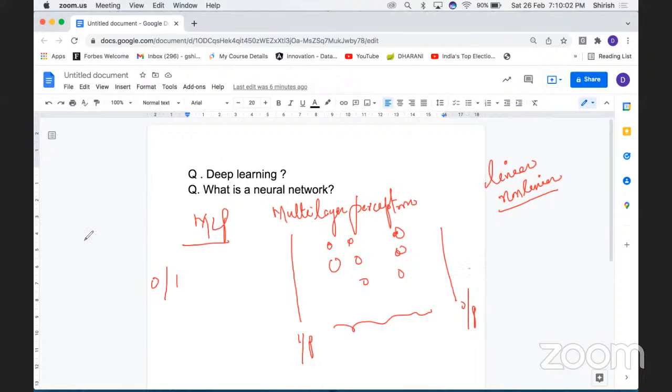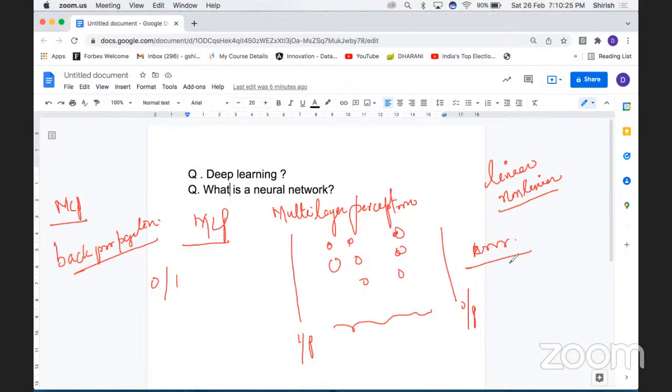So this multi-layer perceptron uses a concept called backpropagation, which is a supervised learning method, where the network calculates the error.